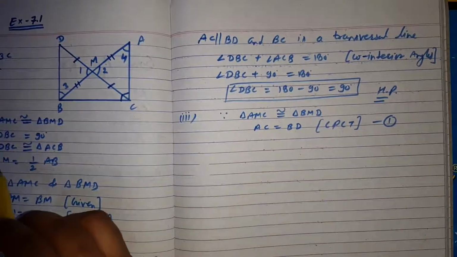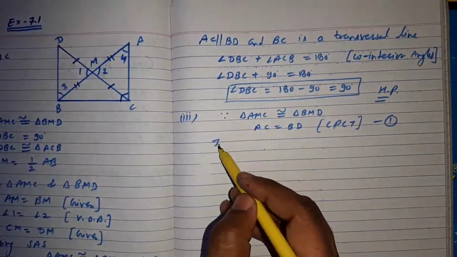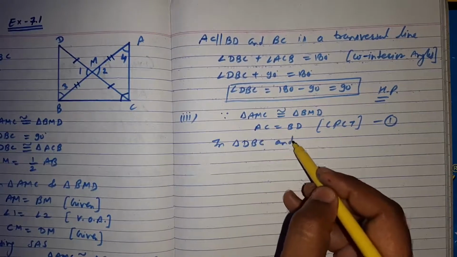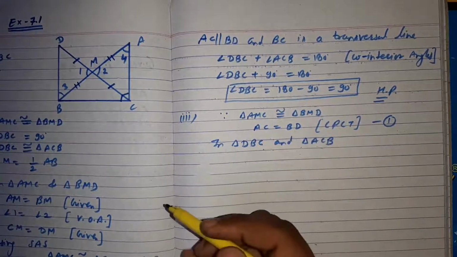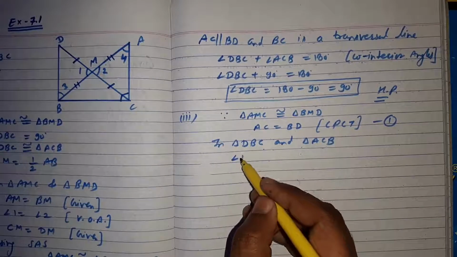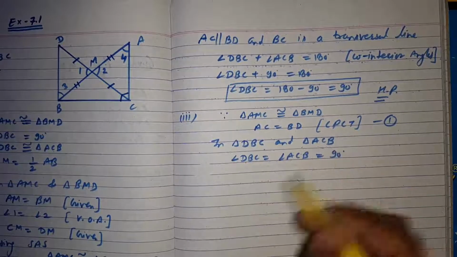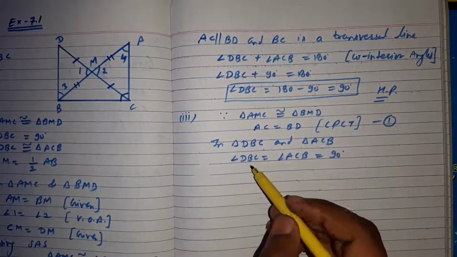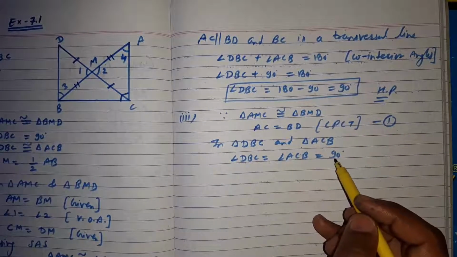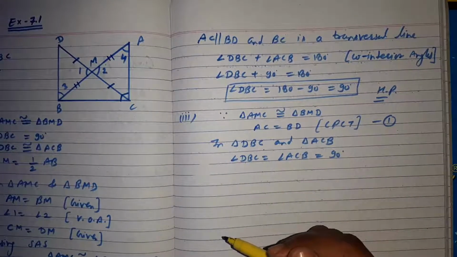Now we will take two triangles, DBC and ACB. In triangle DBC and triangle ACB, angle DBC is equal to angle ACB is equal to 90 degrees. Angle DBC we have proved is 90 degrees and angle ACB is given as 90 degrees, so both the angles are 90 degrees.